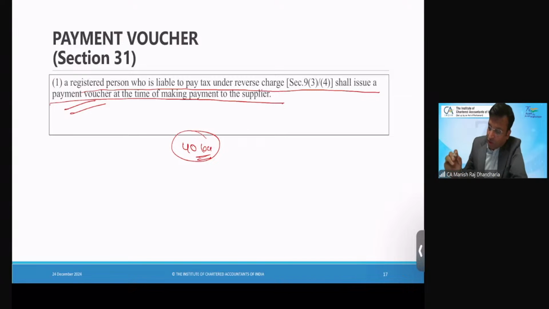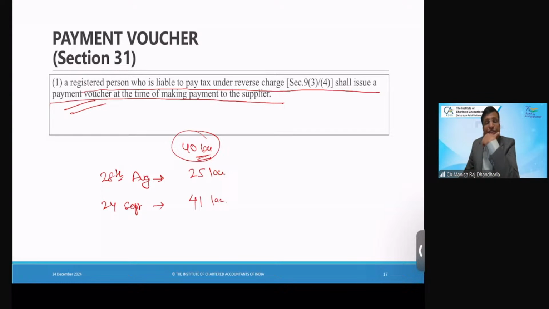Fine. What exactly happened on 28th August? My turnover was, say for example, 25 lakh. Registration not required. On 24th September, my turnover crossed, say for example, 40 lakh, cross होके 41 lakh हो गया.